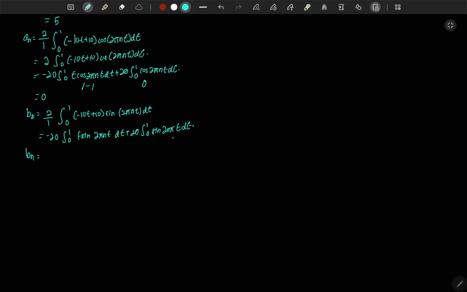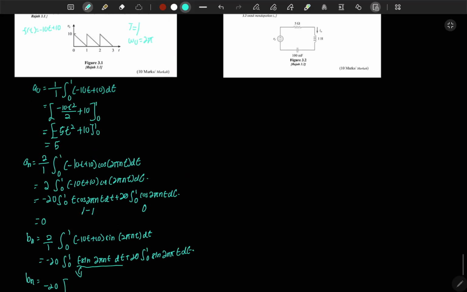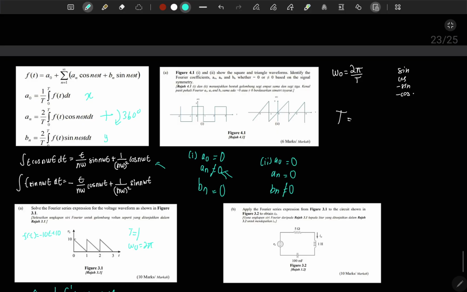Now as said, sine, if you integrate it, will become cos. So that cos will end up being 0. Now the only thing that's remaining is this, so we're going to bring it down, and this part would automatically become 0, so we can ignore it. Now negative 20, if you remember, just now I gave the simplification of that.